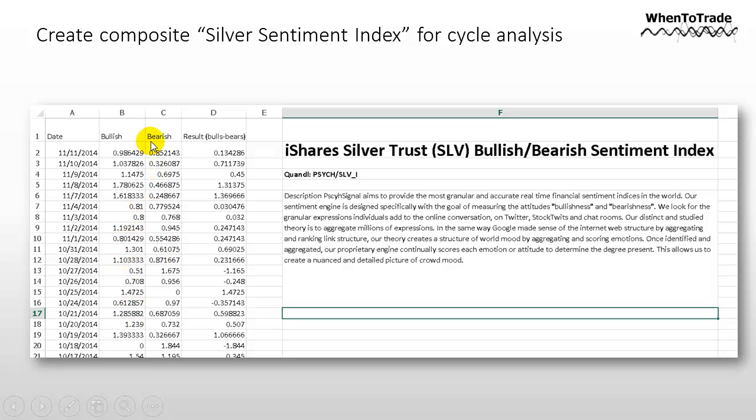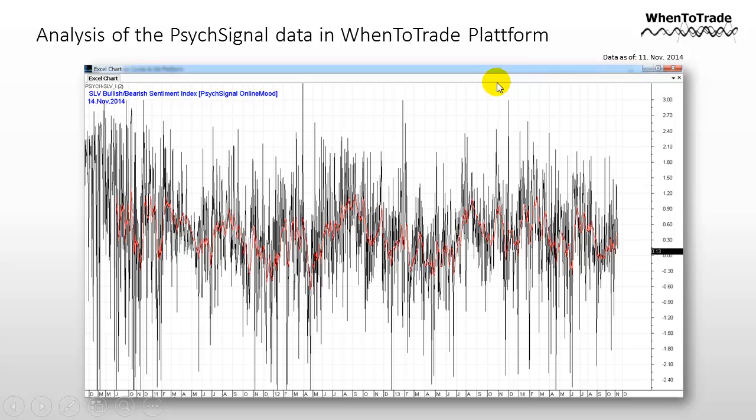What I've done here, just for demonstration purposes, is subtract the bearish index from the bullish index to get a composite silver sentiment score. This is the score just calculated in an Excel spreadsheet, quite simple. And afterwards, we will import this composite silver sentiment index for our cycle analysis into WhenToTrade.